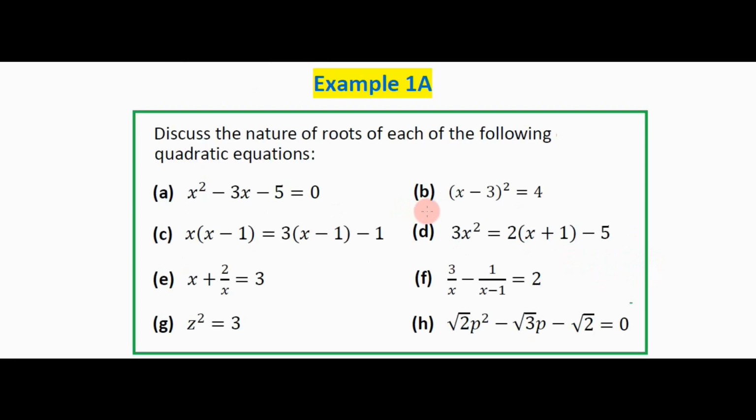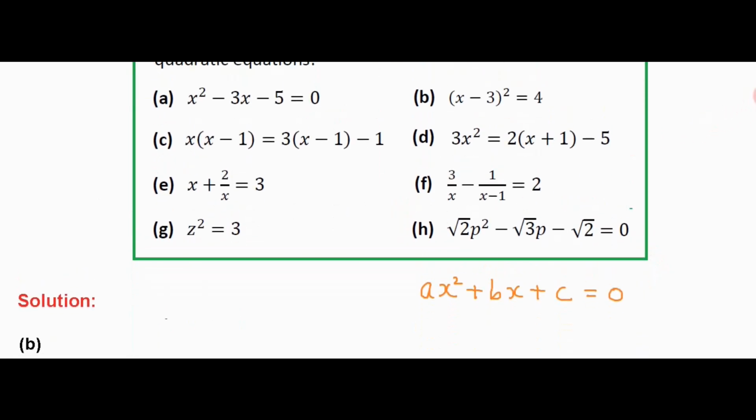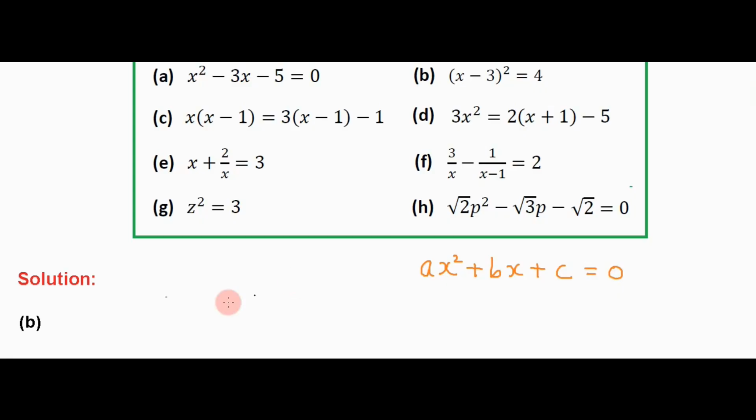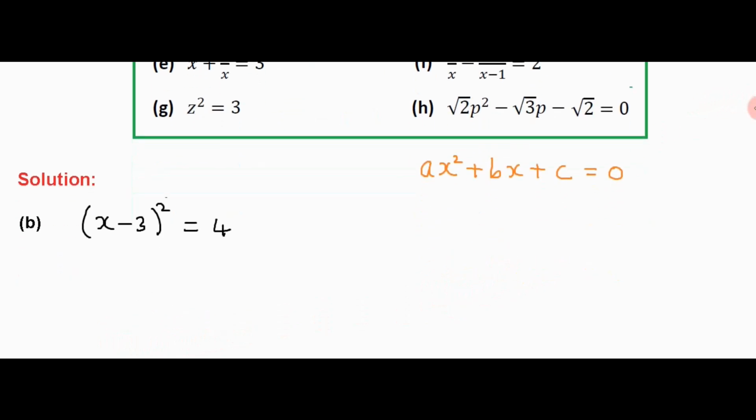Let's look at B. So we have x minus 3 all squared equals 4. Now, the equation here is not in standard quadratic form. So we first have to write it in standard quadratic form. And we can start by squaring out the left-hand side.